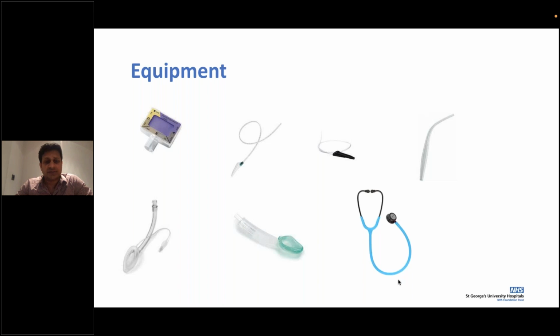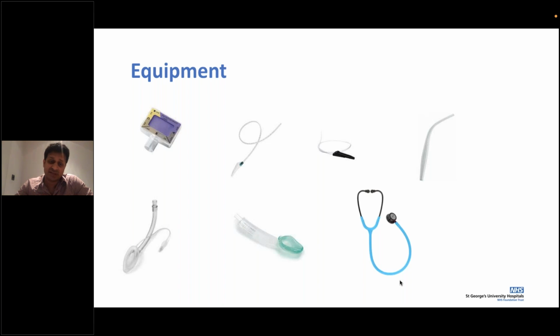Now, the iGel works differently. The tip is slightly green, and it is thermosensitive. It sits at the level of the vocal cords and molds around them to have an effective seal.